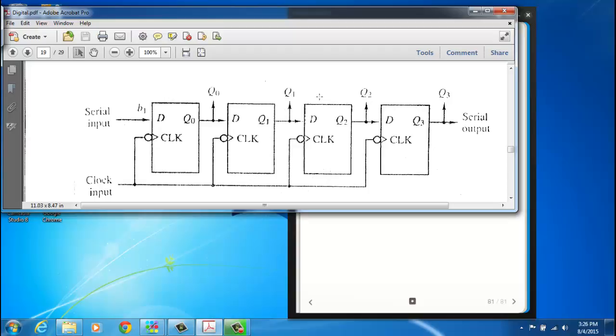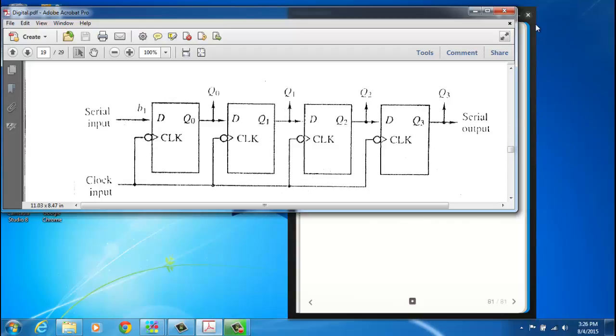So the counters we looked at were JKs cascaded together that were synchronized, and this shift register is cascaded and also synchronized since the clock inputs are connected together. Notice that this input is labeled the serial input, and this output is labeled the serial output. We'll talk about why they're called those names coming up.